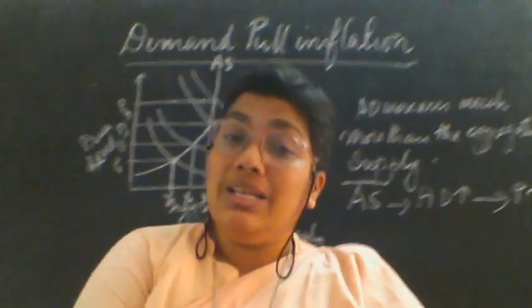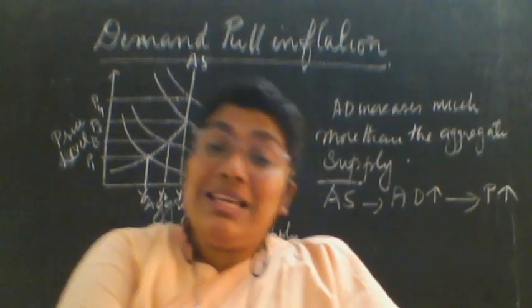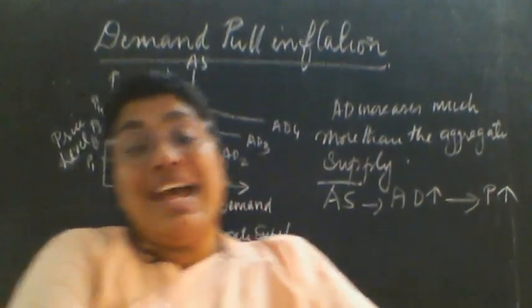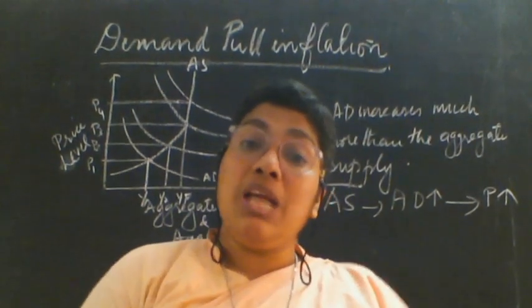Okay, given the aggregate supply, when aggregate demand increases, inflation occurs, and that inflation is known as demand pull inflation.